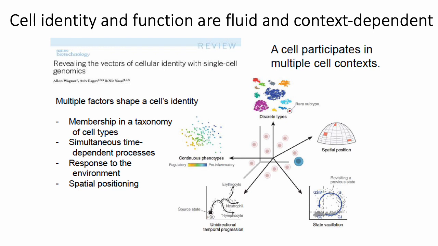So differentiation is typically thought of as a continuous process where you might start with a well-defined cell type, like, say, an induced pluripotent stem cell or an embryonic stem cell. And you might be interested in studying how that cell differentiates and changes identity as it goes from an iPSC to, for example, an erythrocyte or a neutrophil.